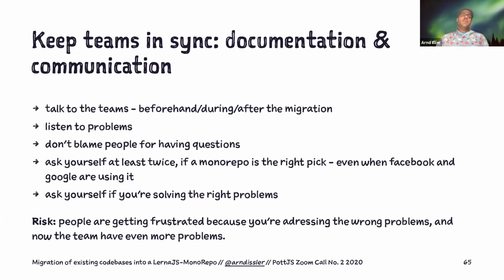Yeah, talk to the teams. Don't hit the teams with the secret MonoRepo agenda. So keep the teams in sync, talk to them constantly, and listen to problems and take the problems seriously. So often it is when you have maybe a developer meeting and the teams are yelling, oh, we need to file this pre-release here for our component library, and this is so sluggish and it takes forever, and the process is broken, we need a new workflow.